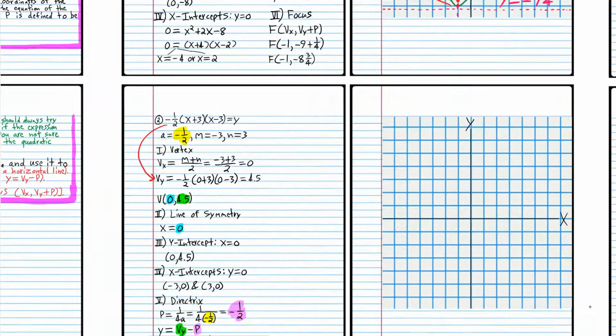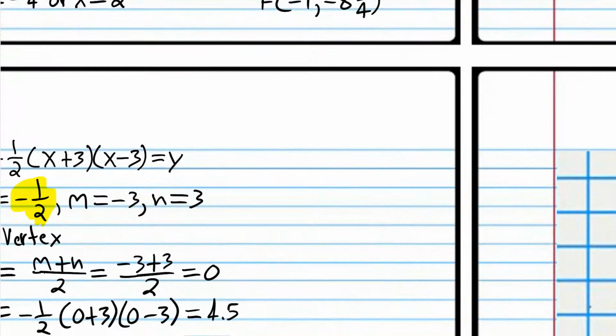Okay, so now we're going to step 6. And that's going to be to find the focus. And to find the focus, the x value of the focus is the x value of the vertex, and the y value of the focus is the y value of the vertex plus p.